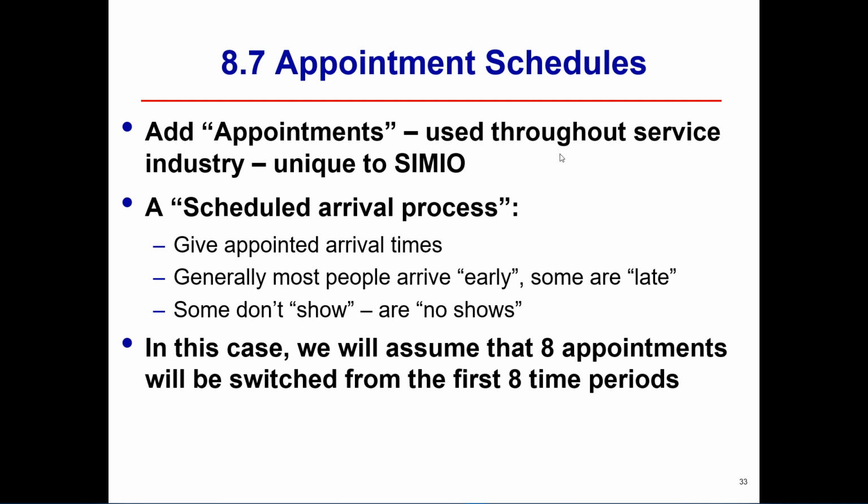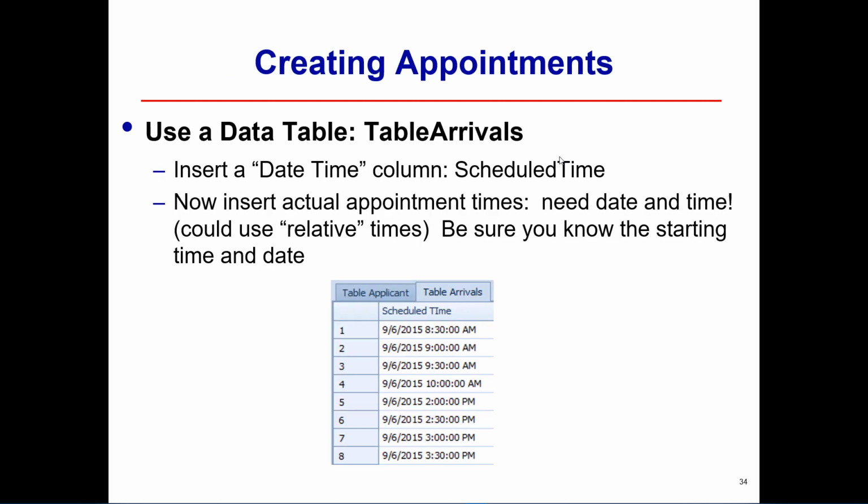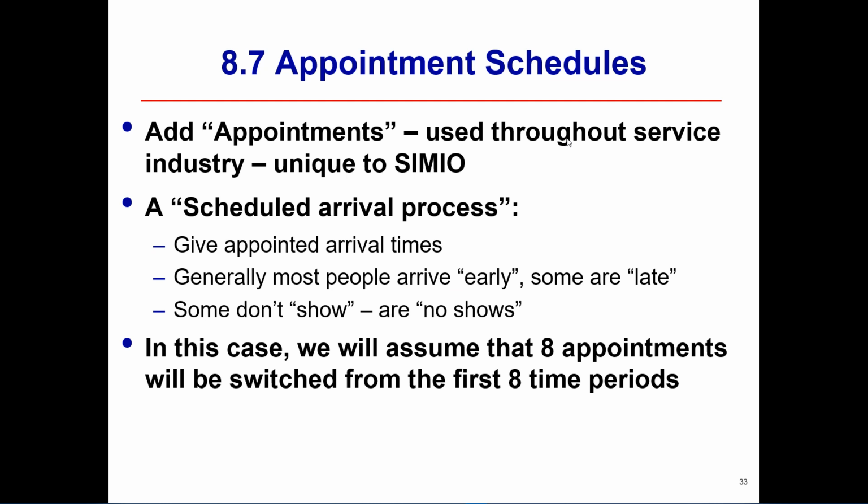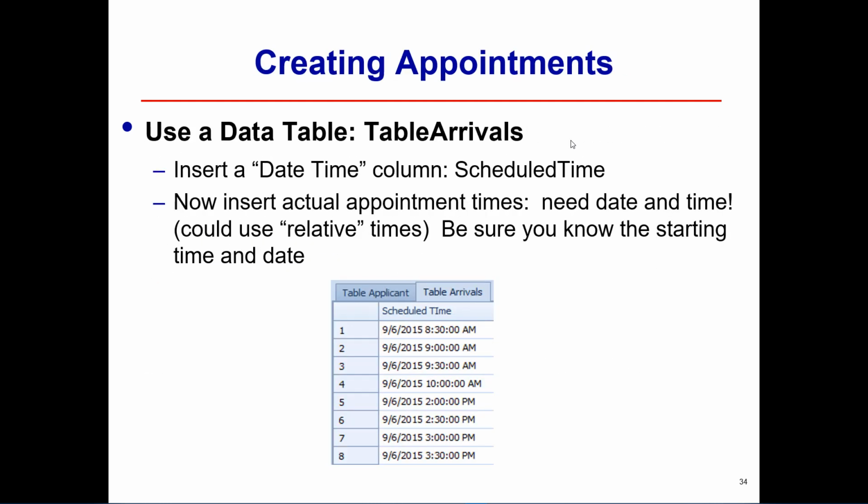So in this section, we assume we have an appointment system, and we start with the appointment table. We're using a data table, and we insert a date-time column called schedule time.